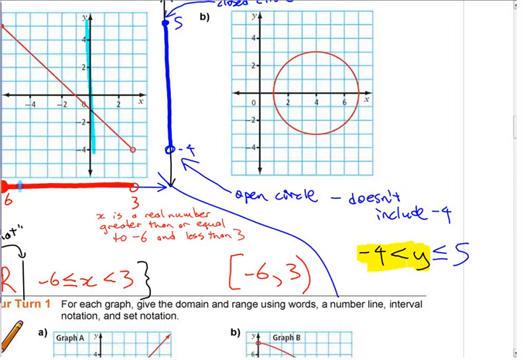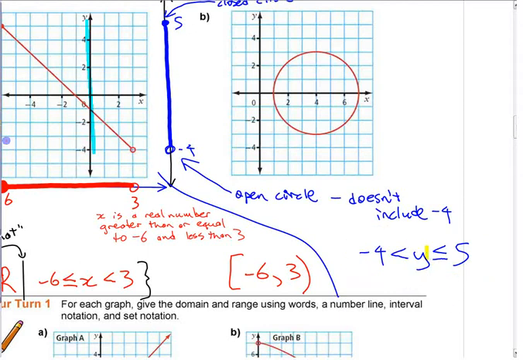And y is less than or equal to 5. You read these kinds of things from the center. You don't read it from left to right. You don't say -4 is less than y is less than or equal to 5. You read it from the center. It's two conditions on y. It says it's greater than -4 and less than or equal to 5.